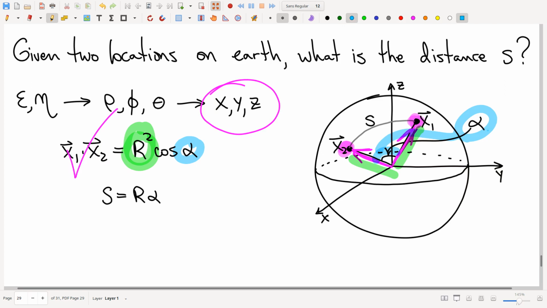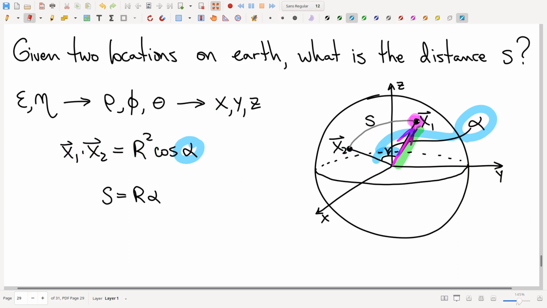So now we've connected a lot of dots here, right? So map coordinates give you spherical coordinates, give you rectangular coordinates, give you the dot product, and since we know the radius, that effectively allows us to solve for this central angle alpha.